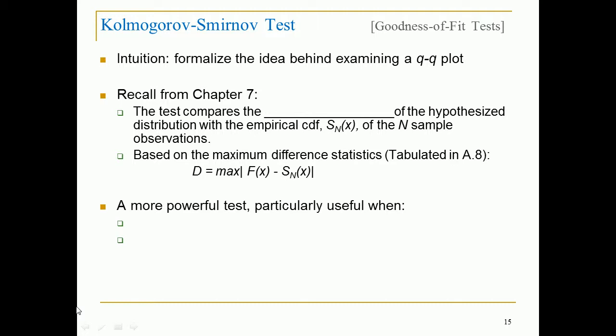As an intuition, this KS test formalizes the idea behind examining a QQ plot. From chapter 7, you remember that the test compares the continuous CDF, F of x, of the hypothesized distribution with the empirical CDF of the n sample observations.